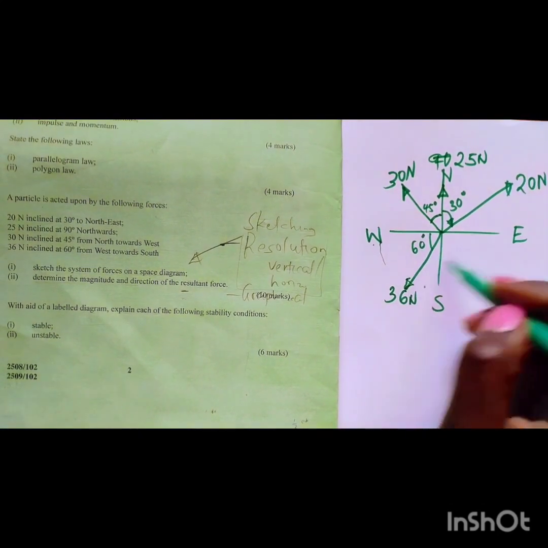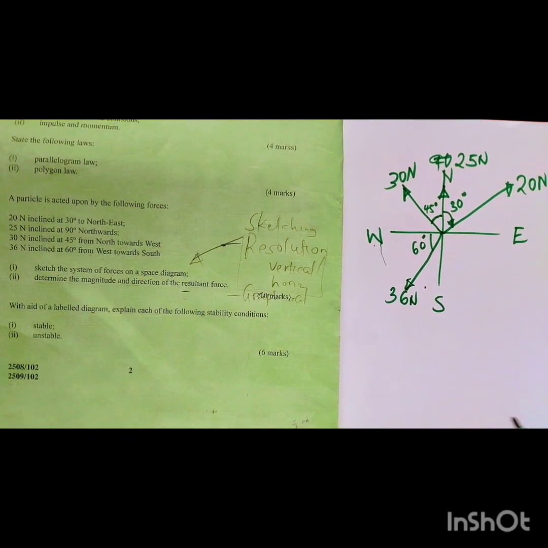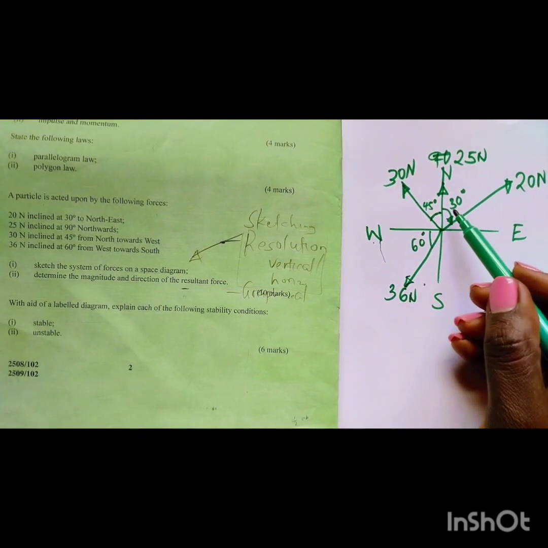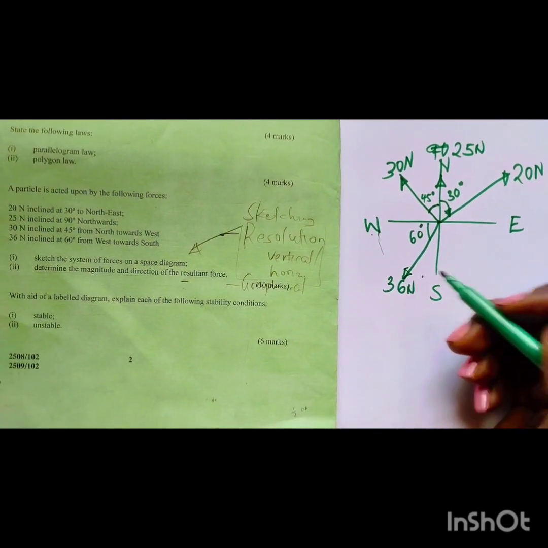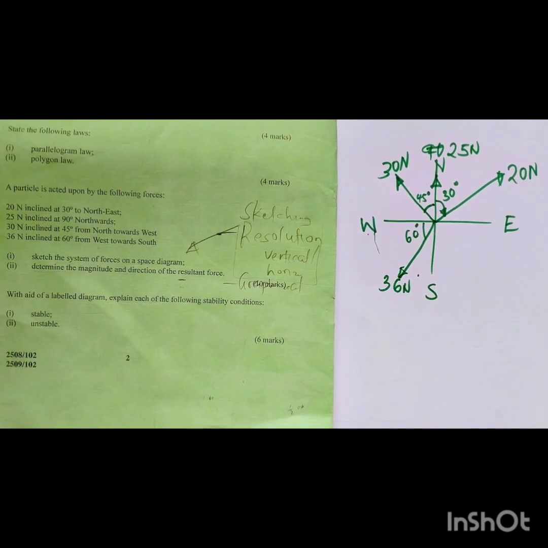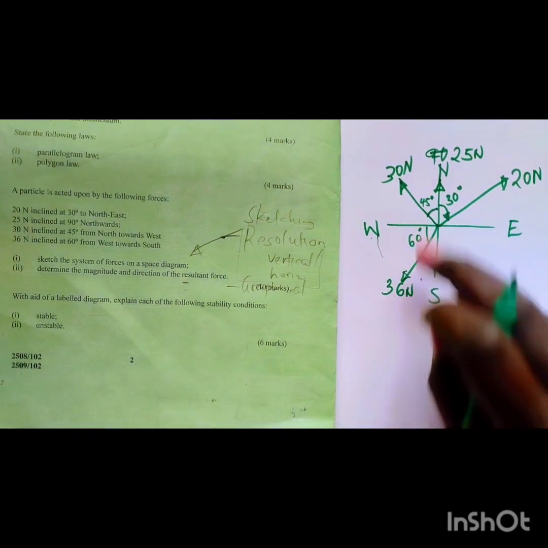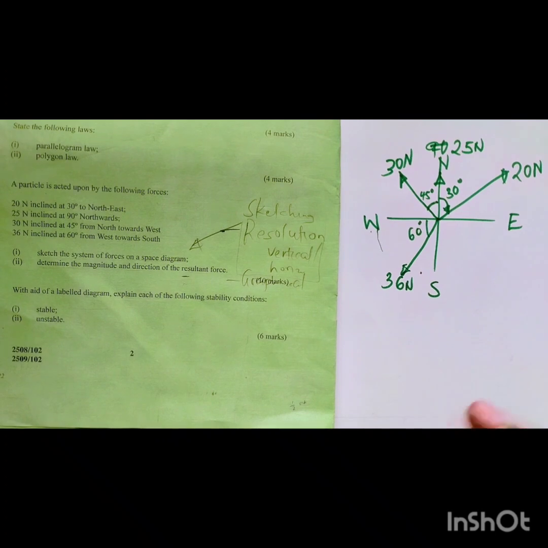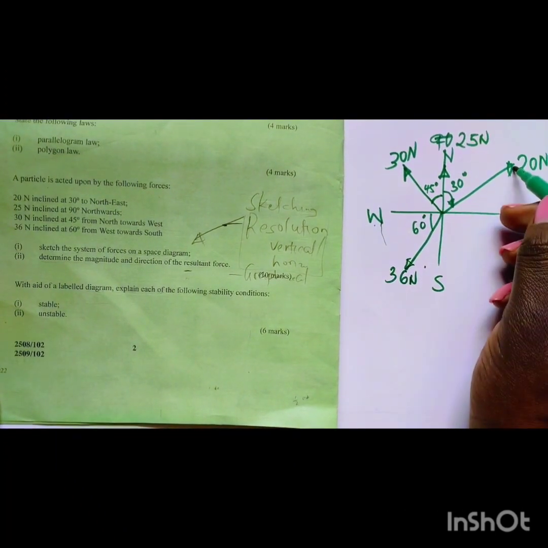Now I want us to draw the same figure using our protractor, and be very much accurate in indicating the angles, because in the method that we're going to apply, we're going to get a line parallel to each and every force. So please do the same. Get your pair of compass and indicate a force.